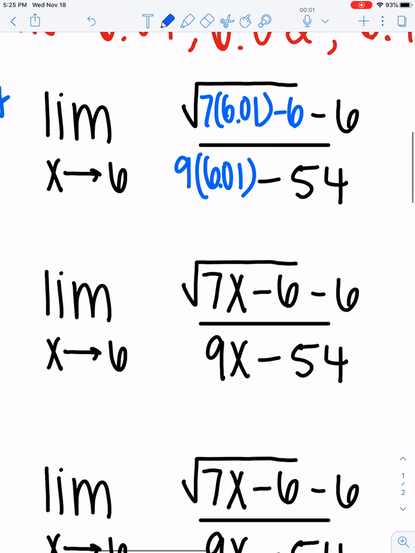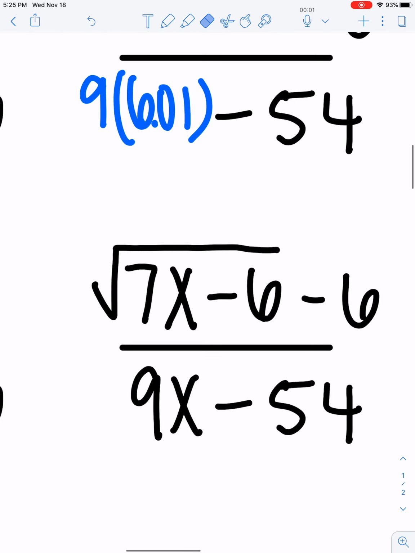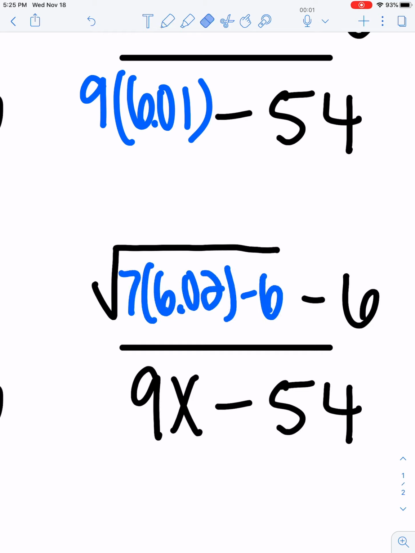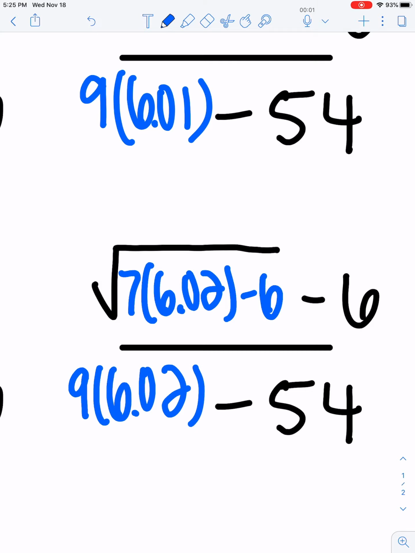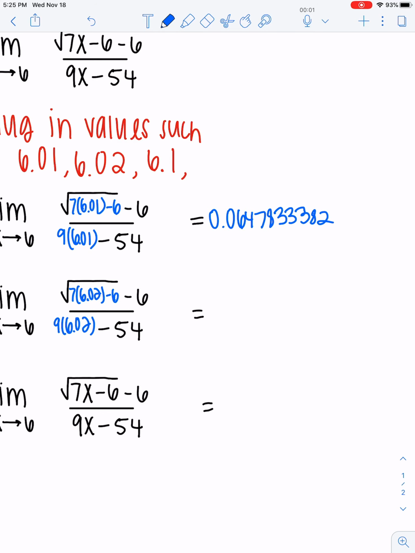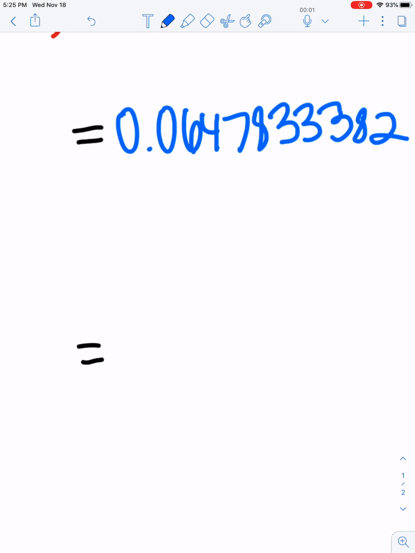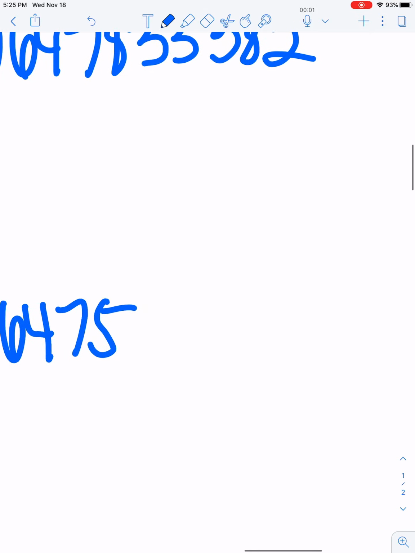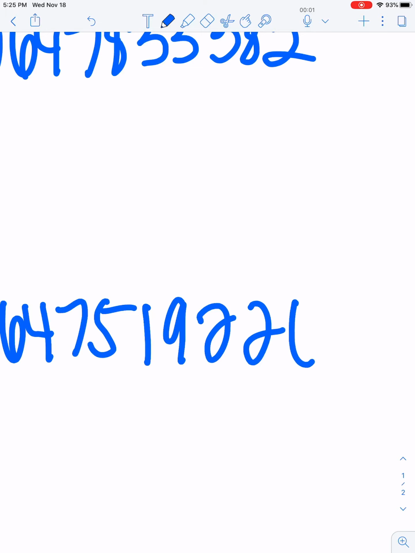So if we're doing the second problem, we're going to do the exact same thing. And if you plug that into your calculator, you are going to get 0.06475192226.